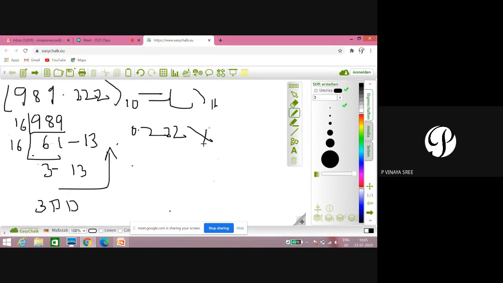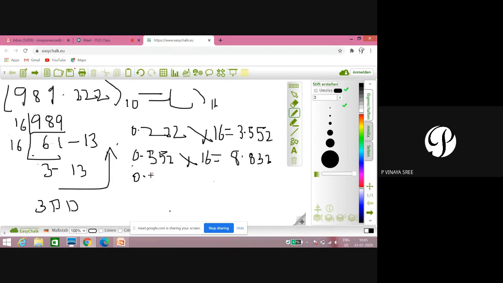Next, coming to 0.222 into 16 equals 3.552. Next, 0.552 into 16 equals 8.832.